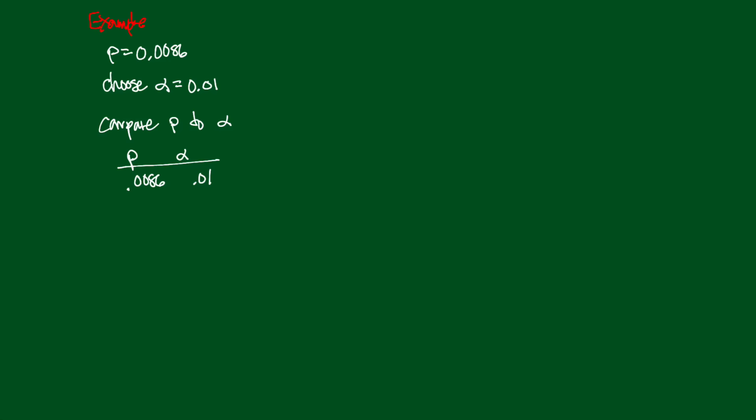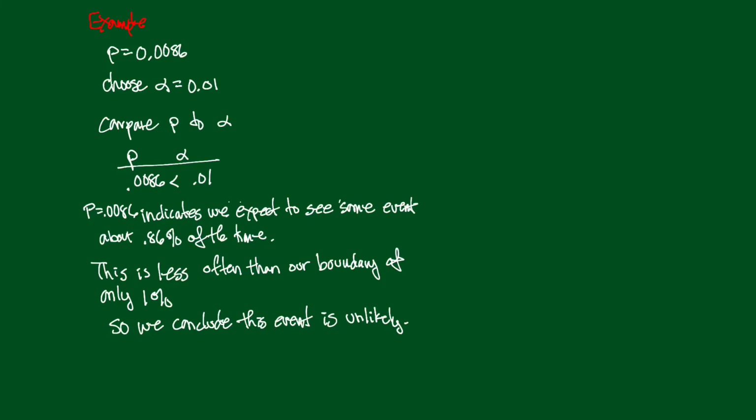Now, 0.0086 is less than 0.01. So p is less than alpha, and p being 0.0086 indicates that we expect to see some event about 0.86% of the time. That's less than 1% of the time. This is less than our boundary of 1%, so we're going to conclude that this event is unlikely.